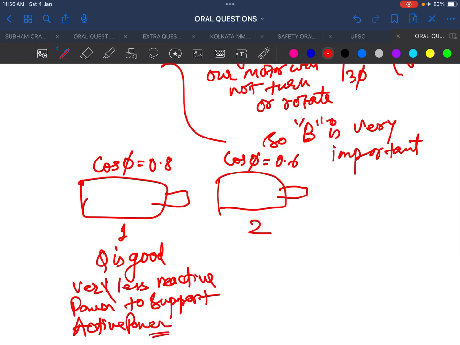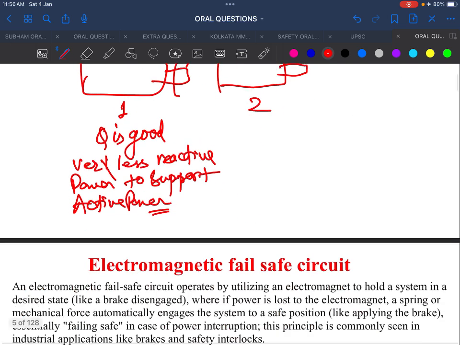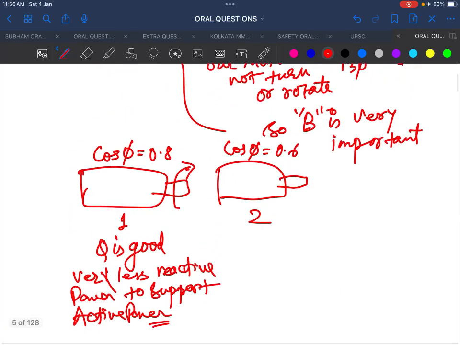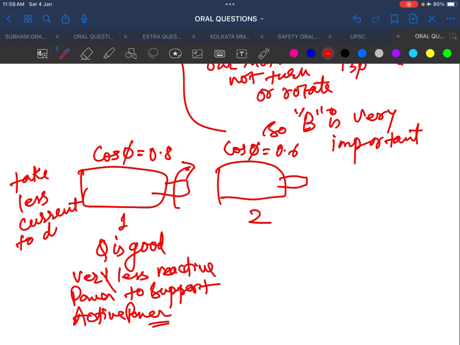So our motor will start rotating, and after that it will take less current to do the job. Same motor, same capacity.